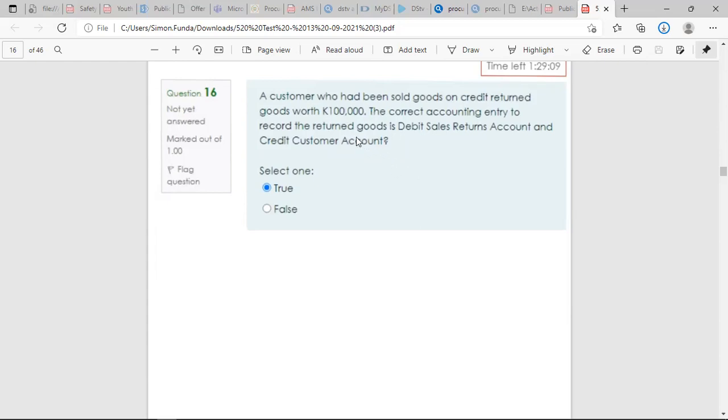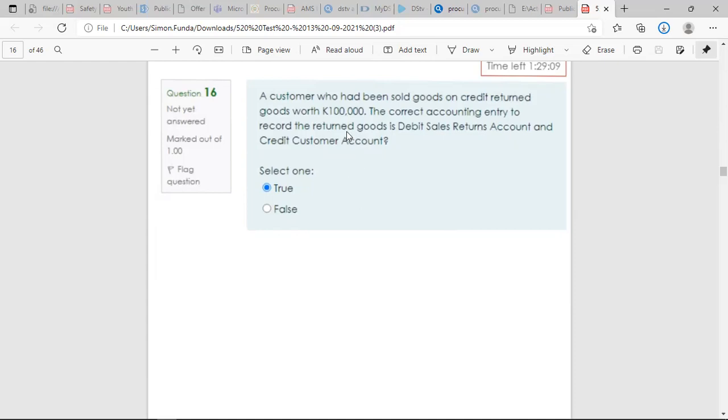It is supposed to be reduced by the returns. So the customer who has a debit balance, to adjust the balance we are supposed to credit. We credit the customer and we debit the returns account that we have opened.